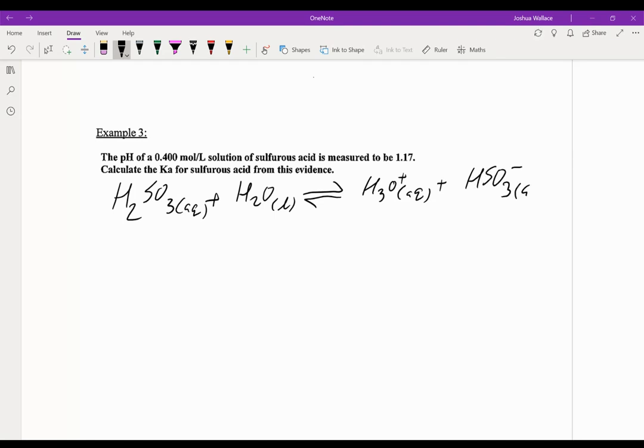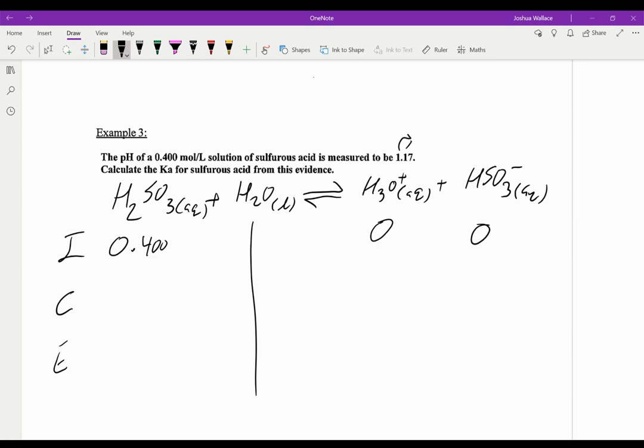Make sure to include that it's aqueous. Make an ICE table. 0.4 molar per liter solution of sulfurous acid. The pH is 1.17. So initial 0.400, cross out H2O. This is at 0, this is at 0.